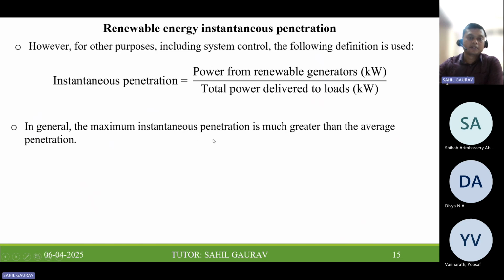In general, the maximum instantaneous penetration is much higher than the average penetration. This is important: the maximum instantaneous penetration is greater than the average penetration.